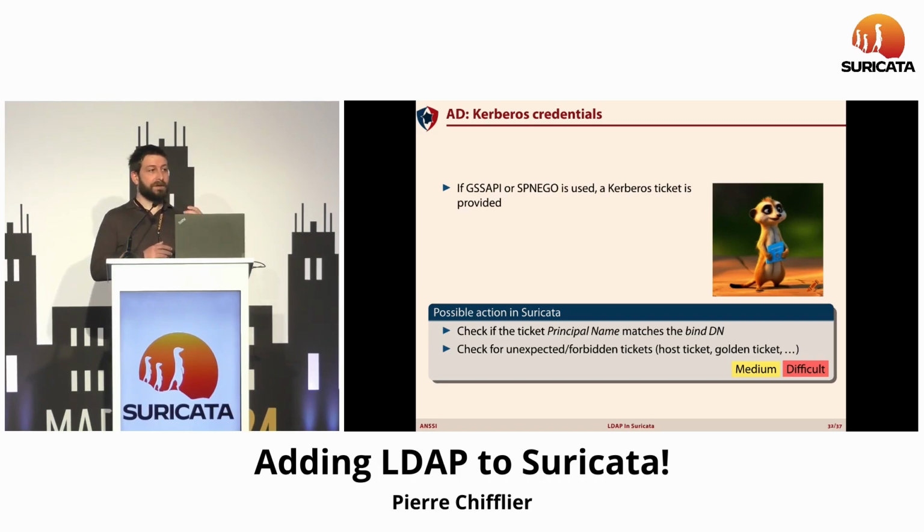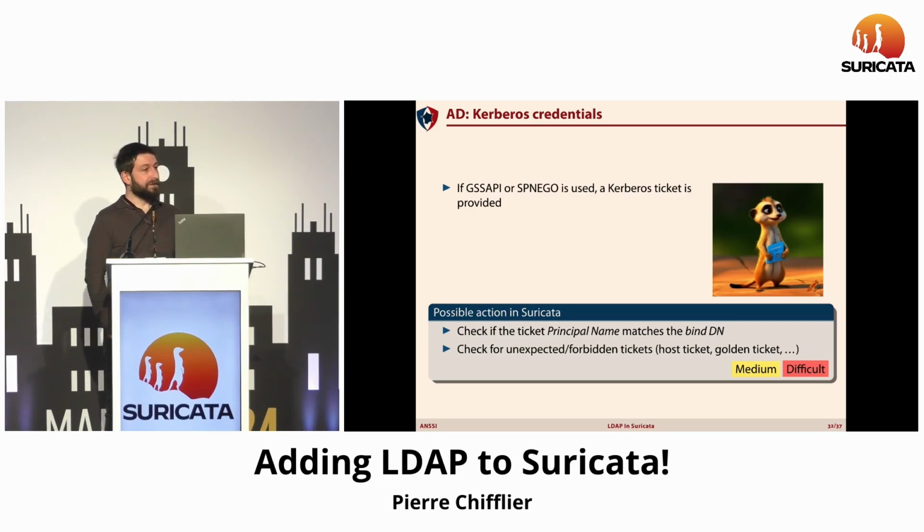The Kerberos ticket contains information related to the user, like the principal name, which is kind of the same as the login. So we can check if the principal name is the same as the bind DN that was used on the connection, to correlate different protocols and see if the same information was provided on different requests.